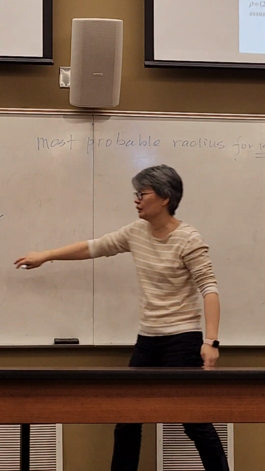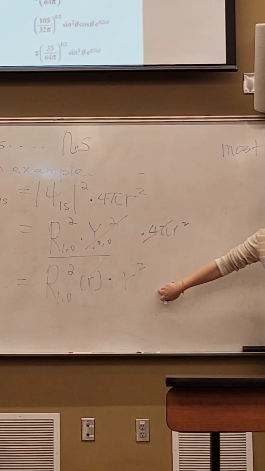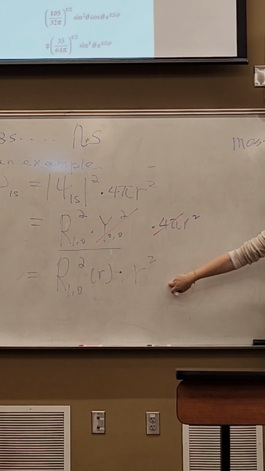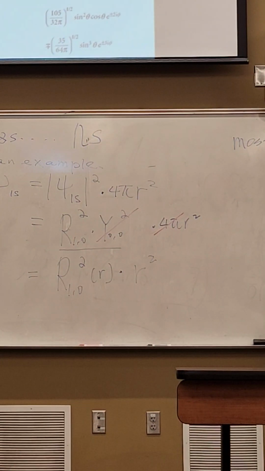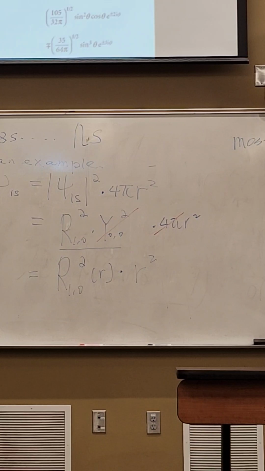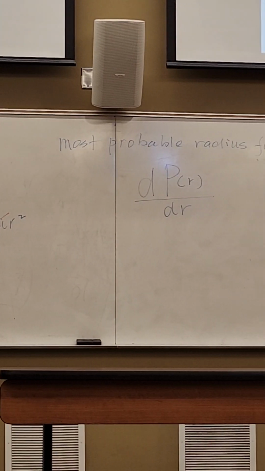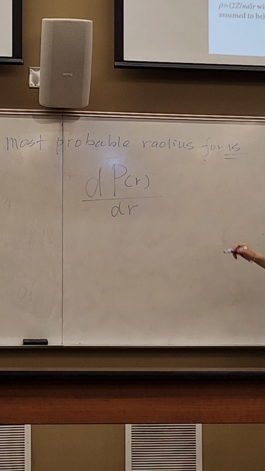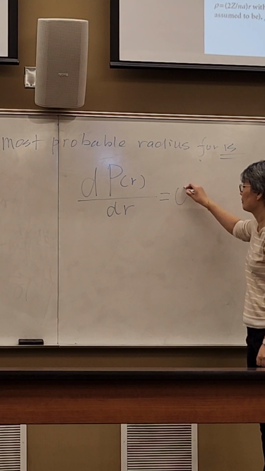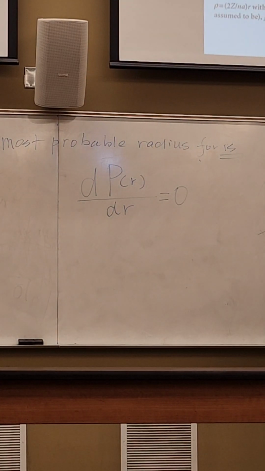Yeah, so this tells you the information at which radius. So you're going to do the derivative of the radial distribution function. That's halfway done. What happens afterwards? Set it equal to 0.